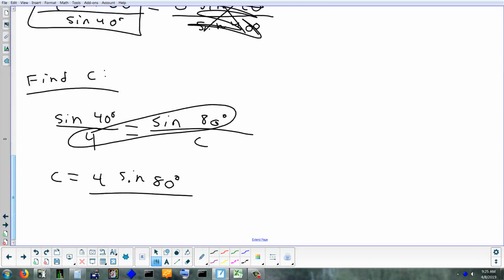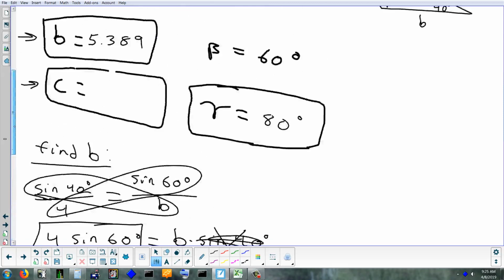And then you would have to divide each side by sine 40, because you would have C sine 40, and you've got to move that sine 40 to the other side. So after you cross multiply and get C by itself, that's what you end up with. Any questions on that? Okay, let's type it in and see what we get.